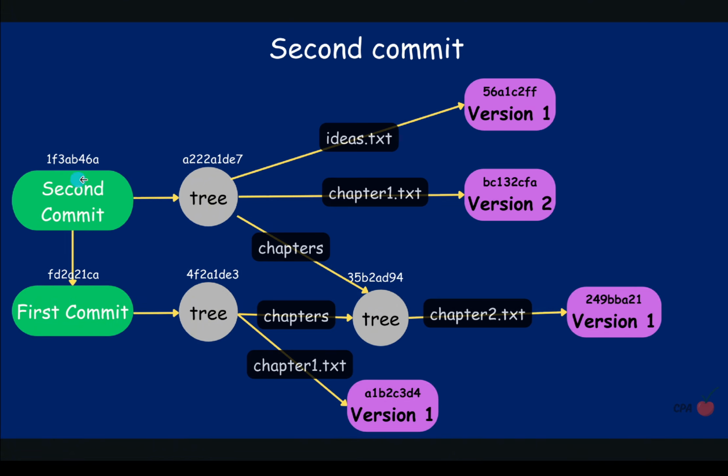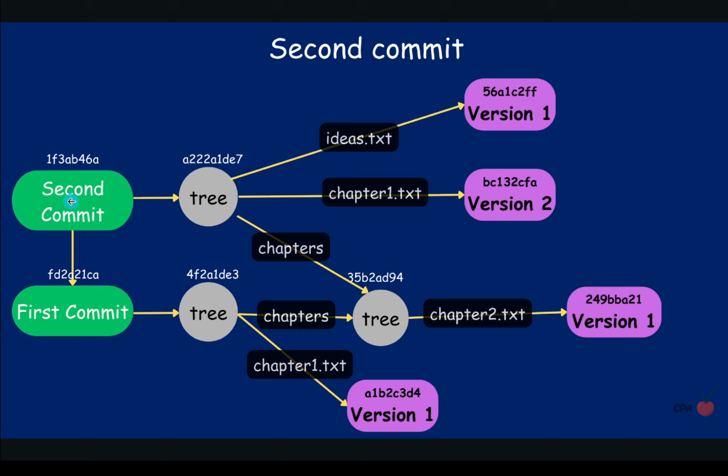And finally, the second commit comes and points to this tree, and we also have the metadata: who is the author, the date and the time, and the message. But it also points to the first commit, the parent commit. So this first commit is the parent of this second commit. And Git needs this parent to know where this commit is in the history.